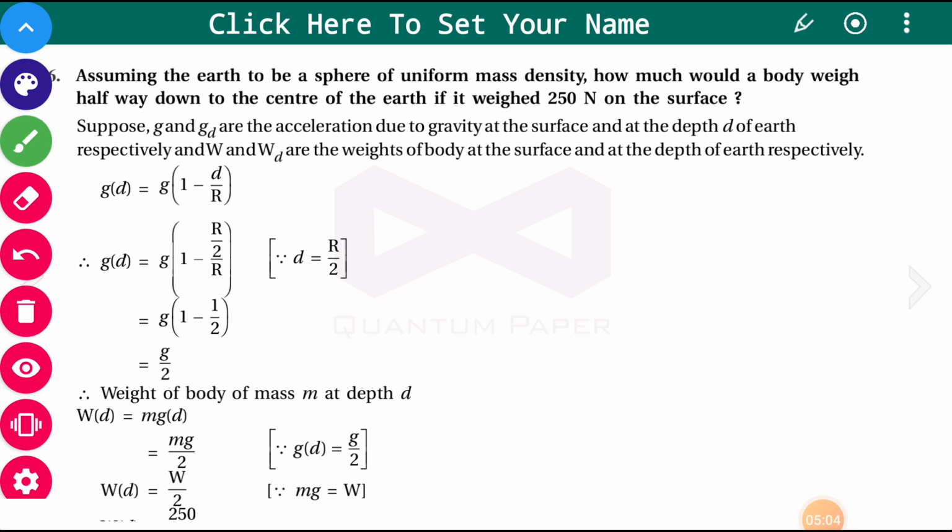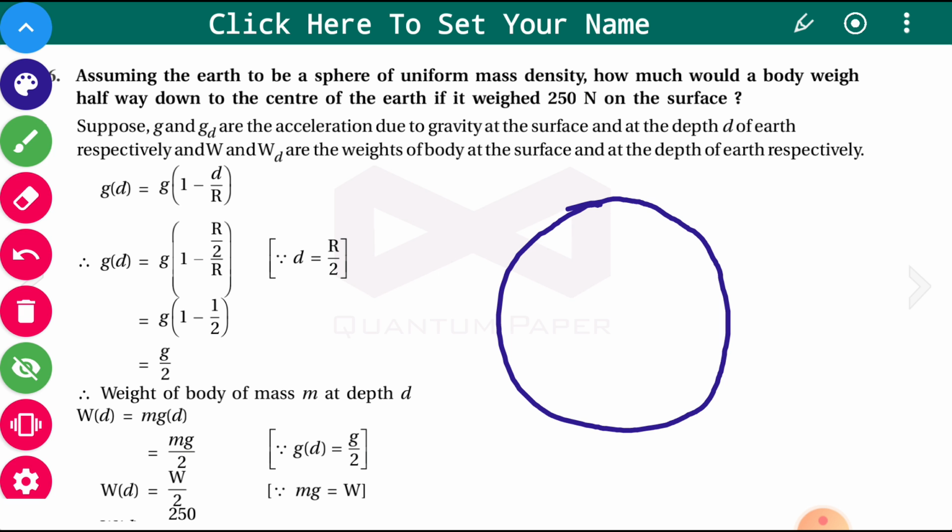Now 8.16. We consider the earth to be a sphere of uniform mass density. How much would a body weigh halfway down to the center of the earth if it weighs 250 Newton on the surface? So here you are now going below the surface of the earth.